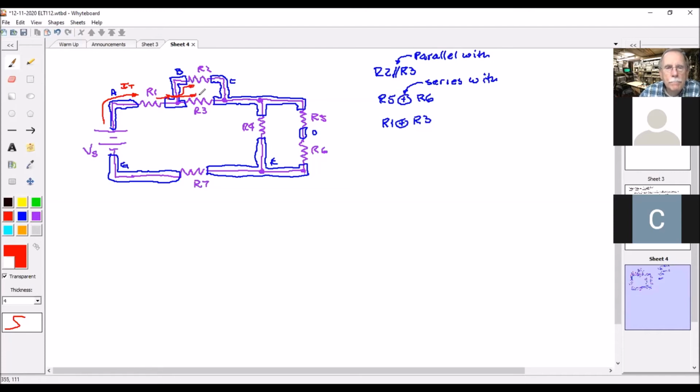So if it splits, can the current in R1 and R3 be the same? No. So we can't say they're in series. We put that one out since I sub R1 does not equal I sub R3.